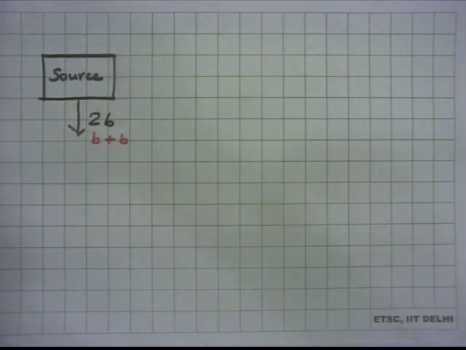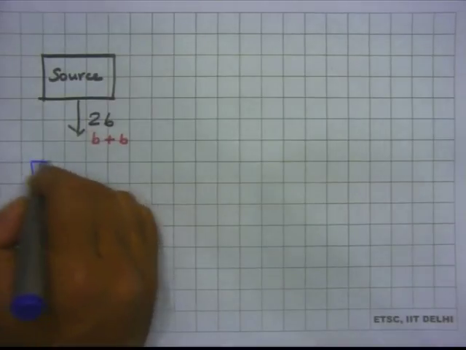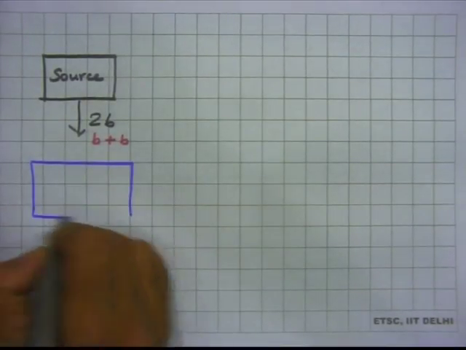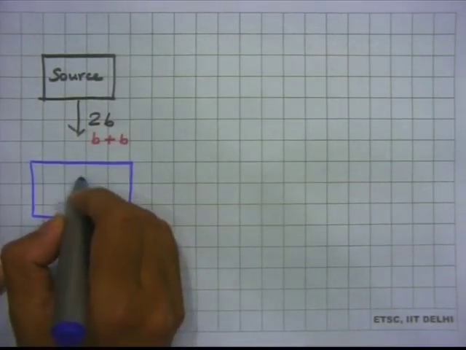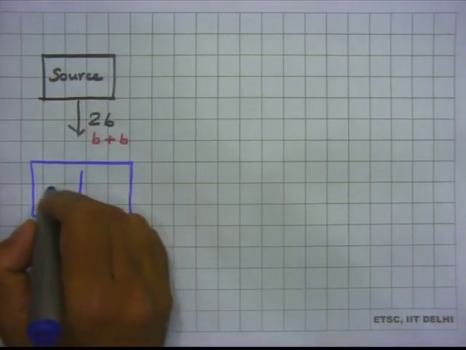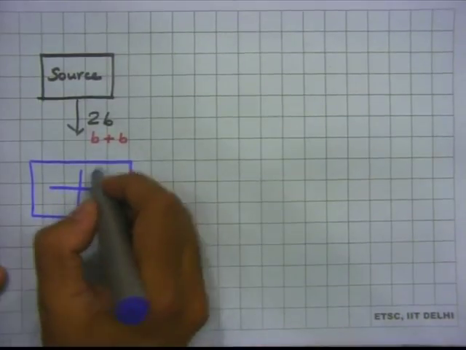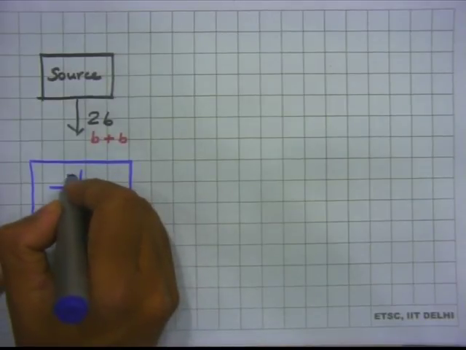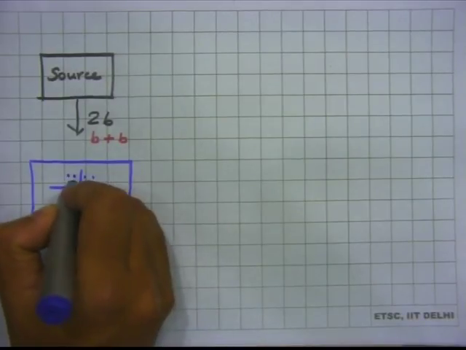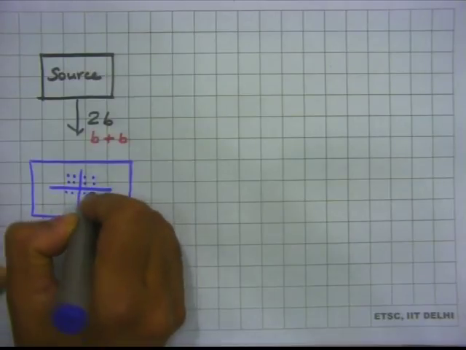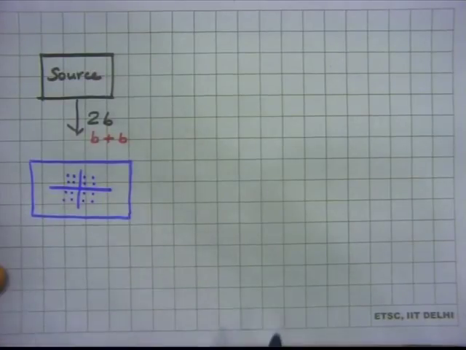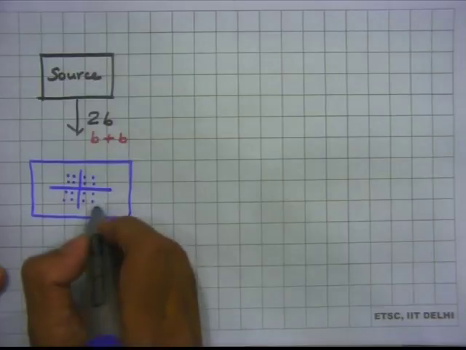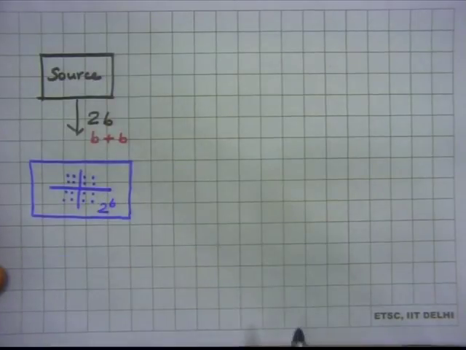Now, what we do is we have a constellation, this is predefined. This constellation has a certain number of points in the constellation diagram. So, suppose we choose any constellation and in this there are 2^b points.